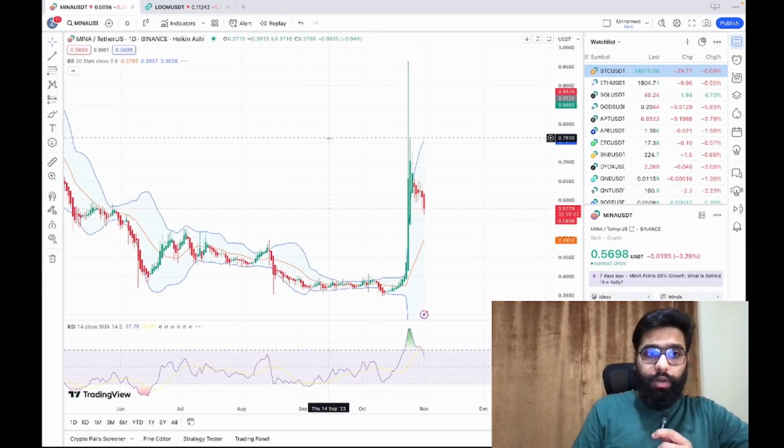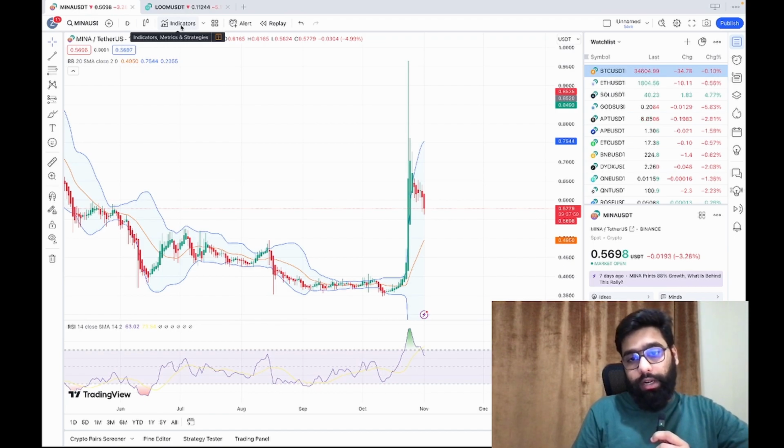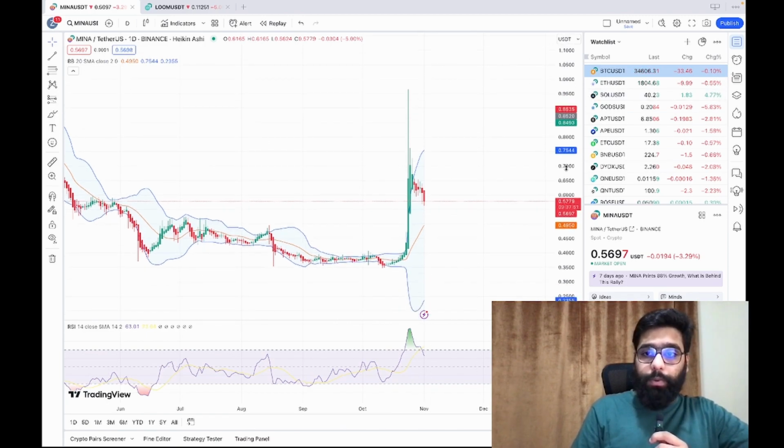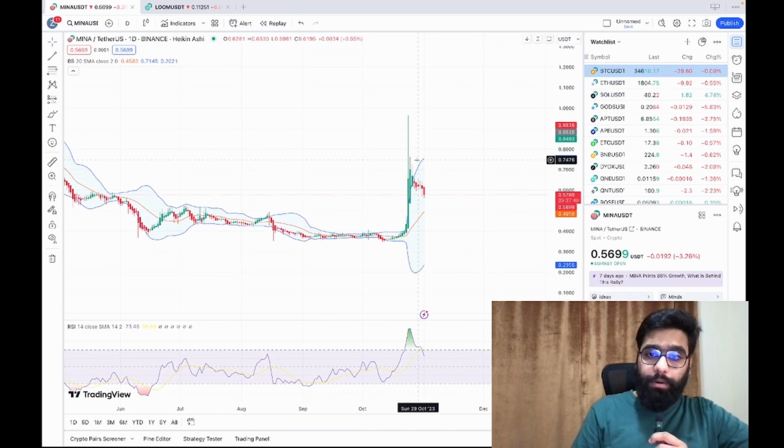Here what is needed is you have to add two indicators. One is Bollinger Band and the other one is RSI. These are the upper band, these are the lower band of the Bollinger Band, and this is the middle band.